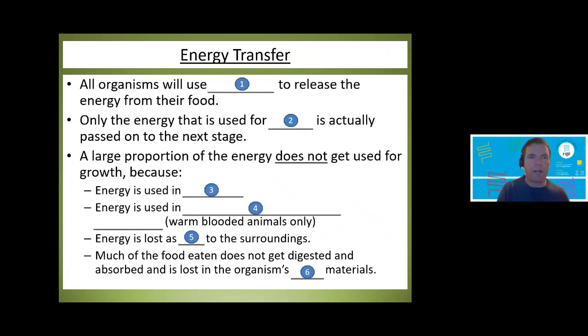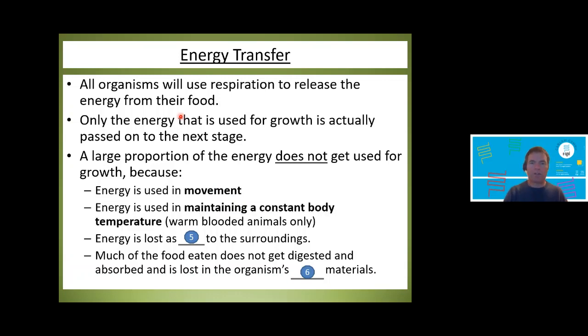Okay, right, so we've got all organisms will use respiration to release energy from their food. Only energy that is used for growth is actually passed on to the next stage. And a large proportion of the energy does not get used for growth because it's used in movement, it's used in maintaining a constant body temperature.